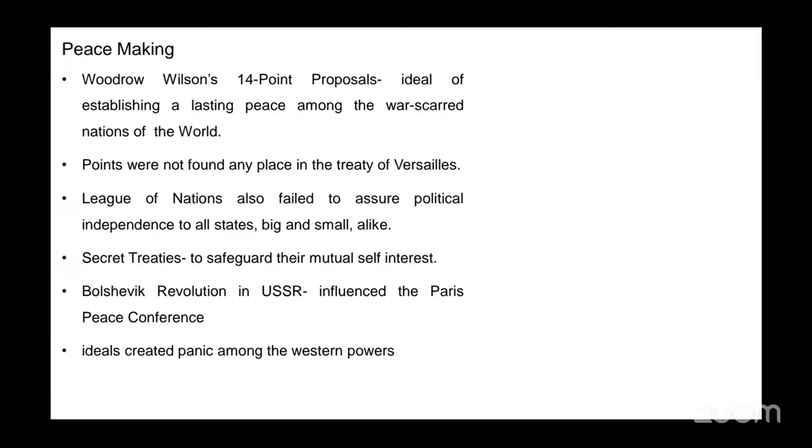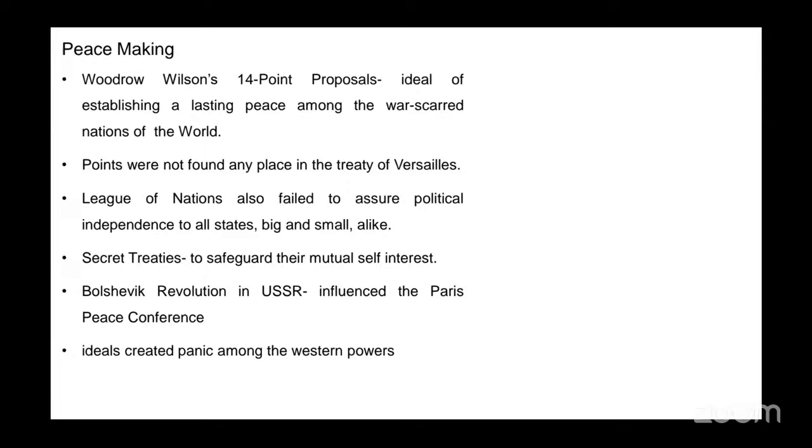In spite of this, some of the countries made secret treaties or secret agreements, so that if a nation attacked them at a certain point, these secret treaties could help them get the partnership of the nations they had agreed with. So this is how they were making secret treaties.